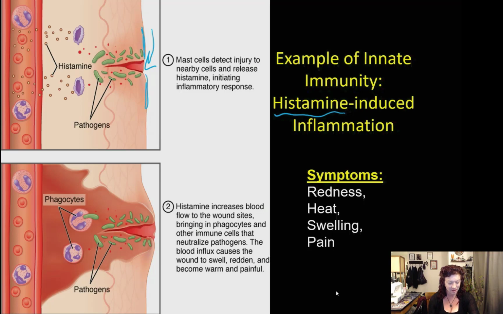And of course, because there are pathogens literally everywhere, you get some bacteria, say, that makes it in through that cut and into your inner tissue. So this is bad. You want to make sure that you get rid of those pathogens, capture them and destroy them before they have a chance to enter into your bloodstream, where they could then be distributed to other parts of your body.